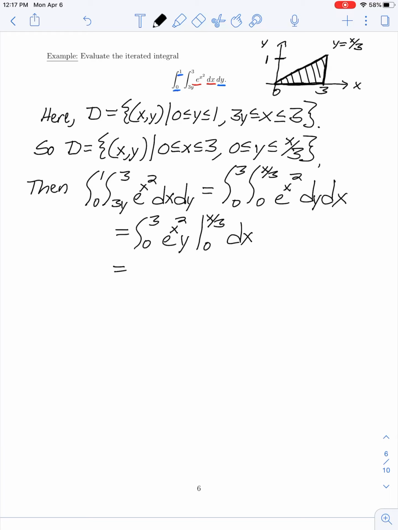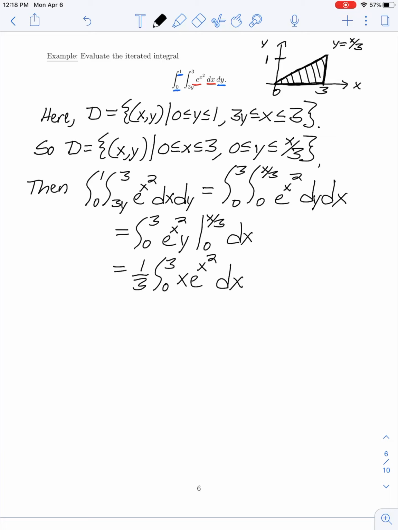When we substitute x over 3 in place of y, we have 1/3 integral from 0 to 3 of x e to the x squared. And then we subtract what we get when we plug in 0 for y, which would be 0. So here we just have 1/3 integral from 0 to 3 of x e to the x squared power.